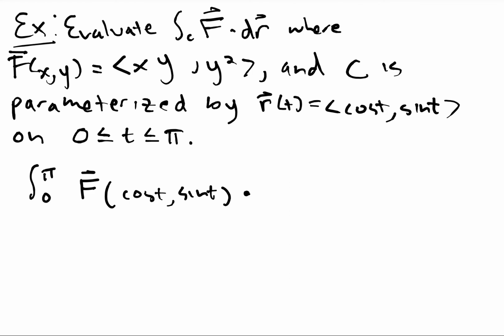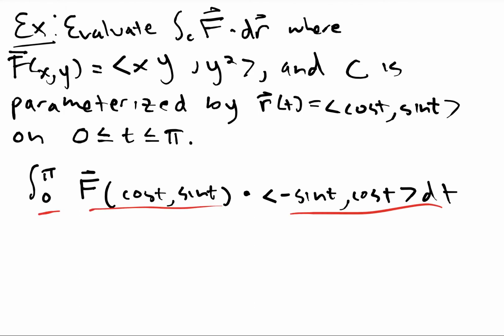And then I want r prime of t dt on the end, so I got a minus sine t, cosine t dt on the end. This is me fixing my bounds, my function, and my differential. Okay, so each of those three pieces. Now, if I go to plug cosine t comma sine t into my differential, here's what I'm getting.